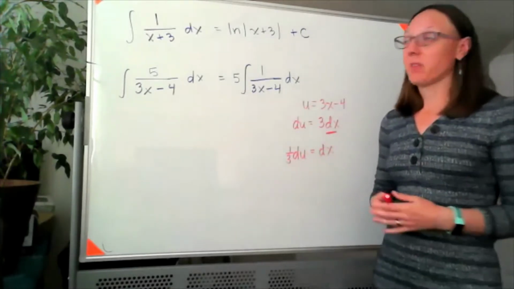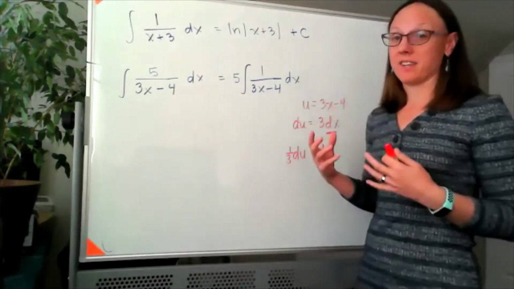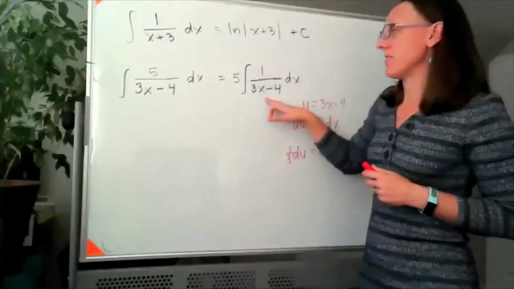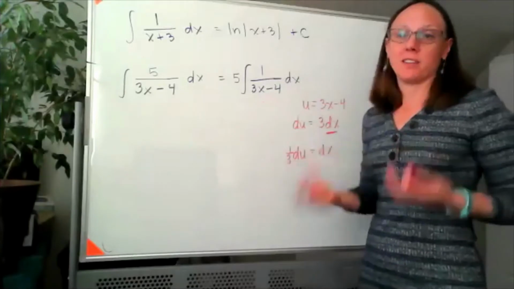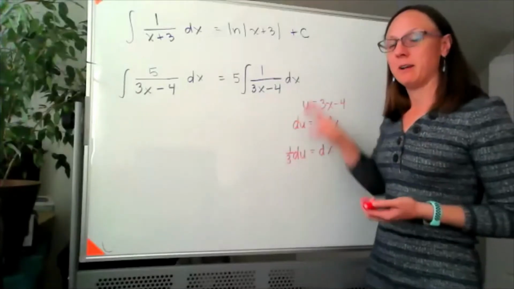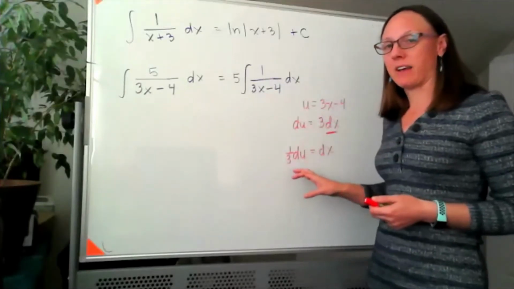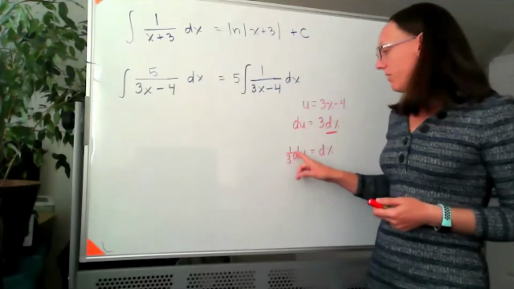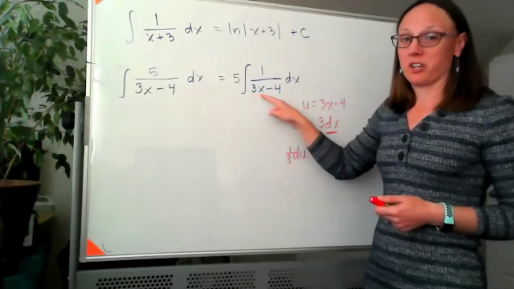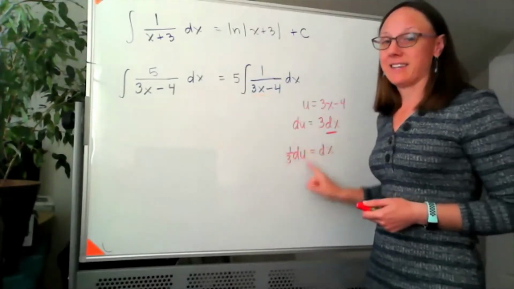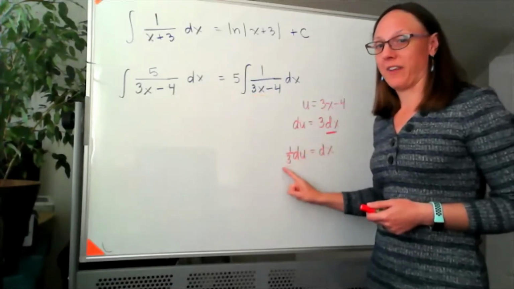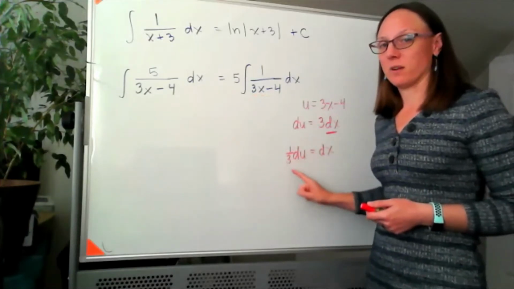Every time that we have this situation where I've got 1 divided by a linear term, something that looks like a line, this same thing is going to happen in that u substitution. And whatever the coefficient in front of x is going to end up as a 1 over that coefficient when you make the u substitution.